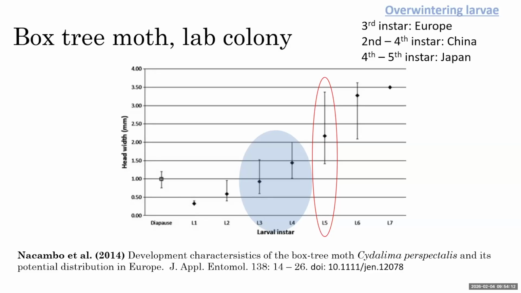But remember, Switzerland was saying they're in the 3rd instar when they're over the limb. Japan was saying 2 to 4. So basically, if it's 2nd instar or 4th instar, it may have a head capsule that's 2 millimeters wide.